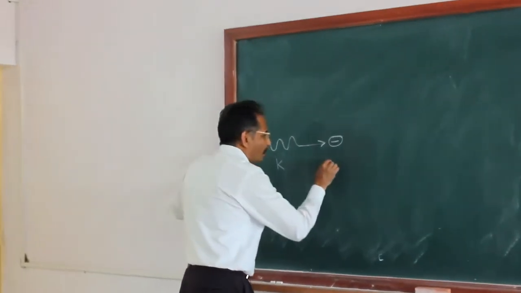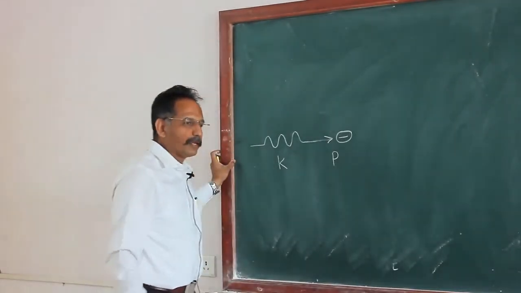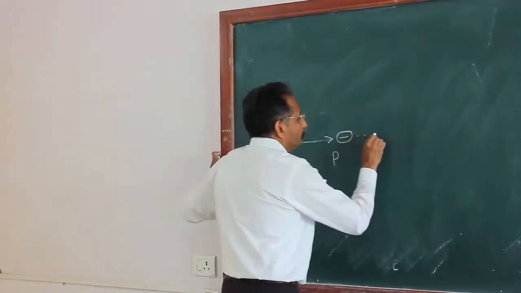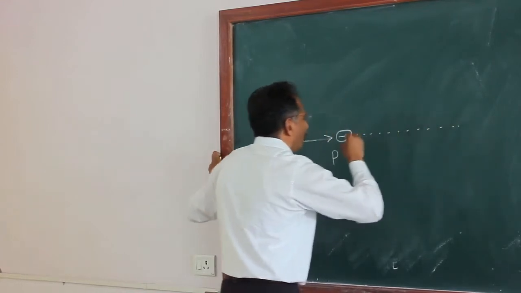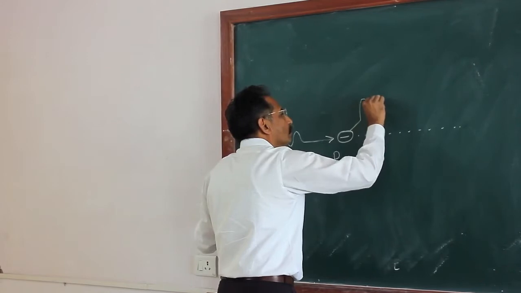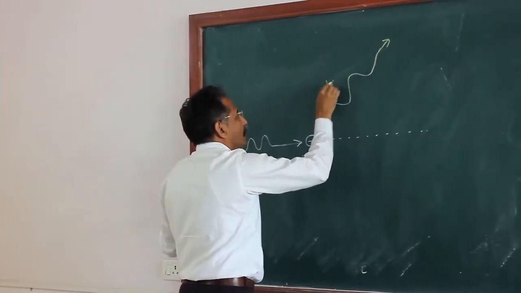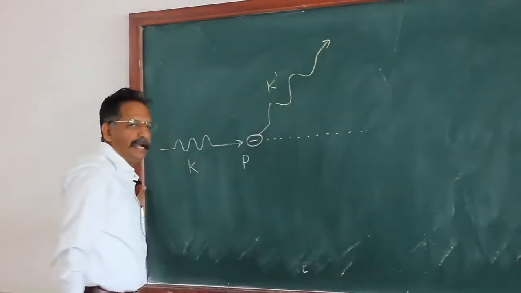The free electron has 4 momentum capital P. Then in one direction the photon is scattered, and that photon can be denoted using k dash.